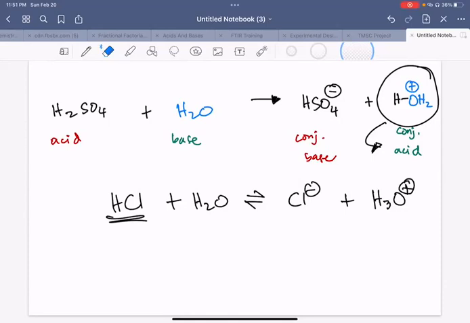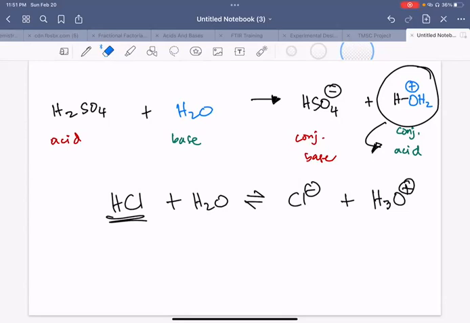The same is true when you have a strong acid in solution. Water will not allow an acid stronger than its conjugate acid. So that is water as a solvent.